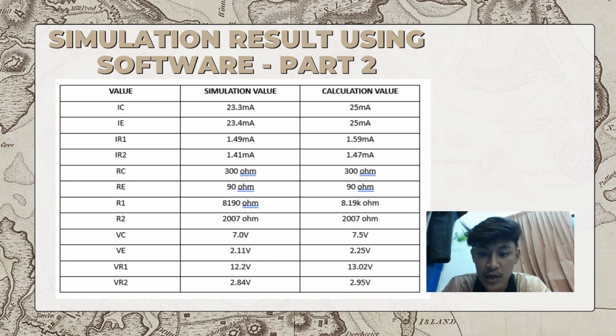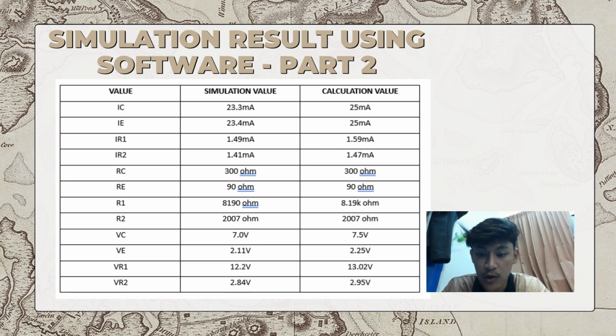The simulation value for IC is 23.3 milliampere and calculation value for IC is 25 milliampere, and simulation value for IE is 23.4 milliampere, and calculation value for IE is 25 milliampere.